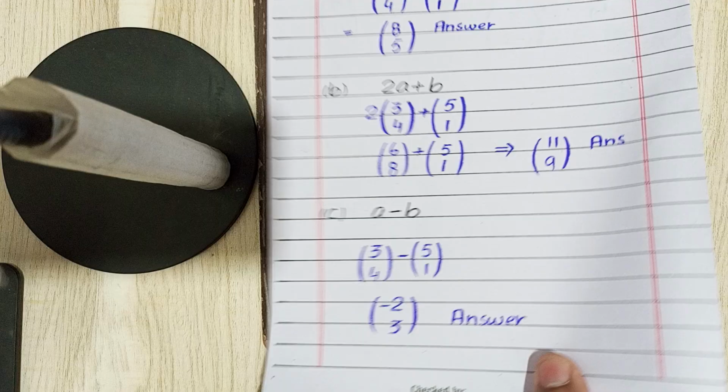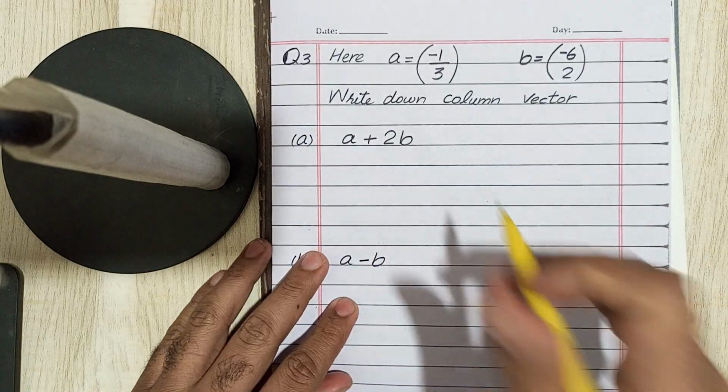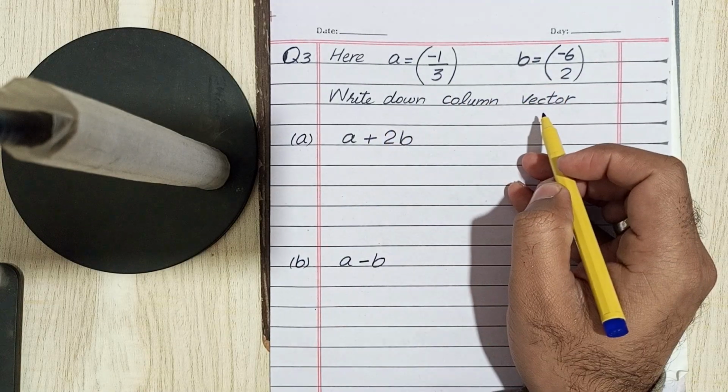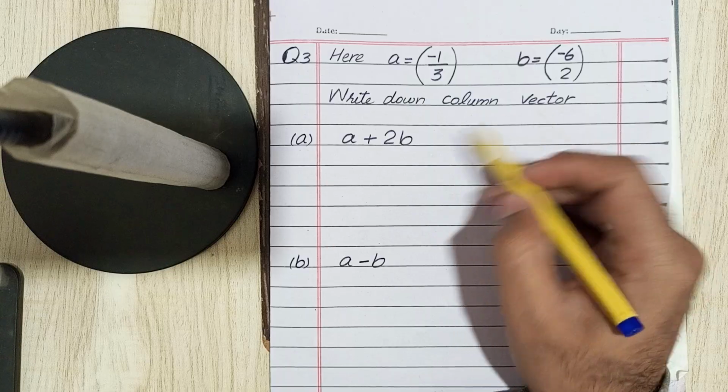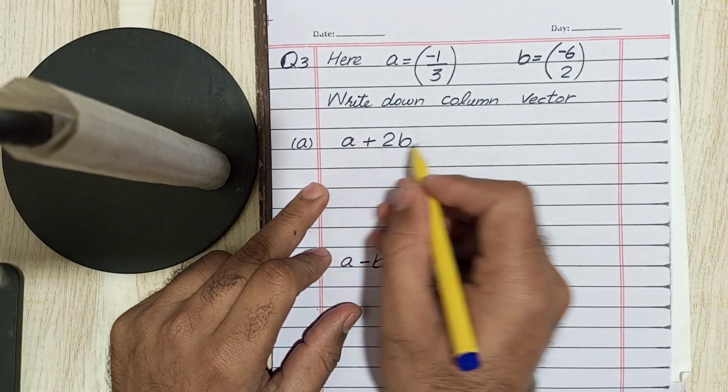Now our next question, question 3. In question 3, here we have column vector A and column vector B. Write down in column vectors. The first part is A plus 2B.